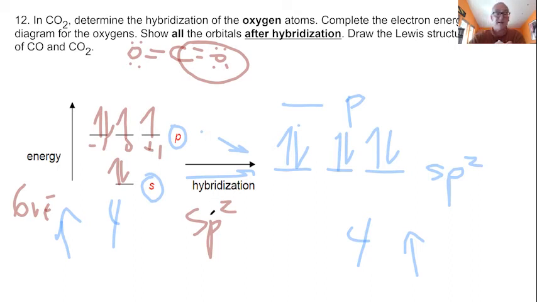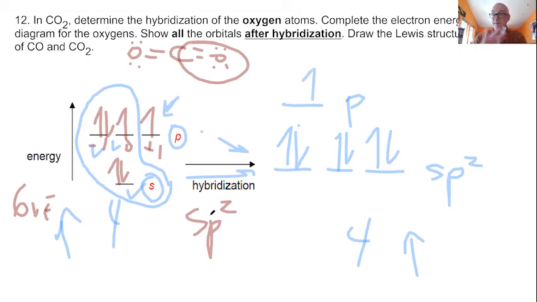The other thing to think about is look at what we've done. We've taken this s and these 2 p orbitals, and we haven't done anything to this one, and there's still an electron in it. So we've hybridized 3 orbitals with 5 electrons, and there's 1 left over in the p.